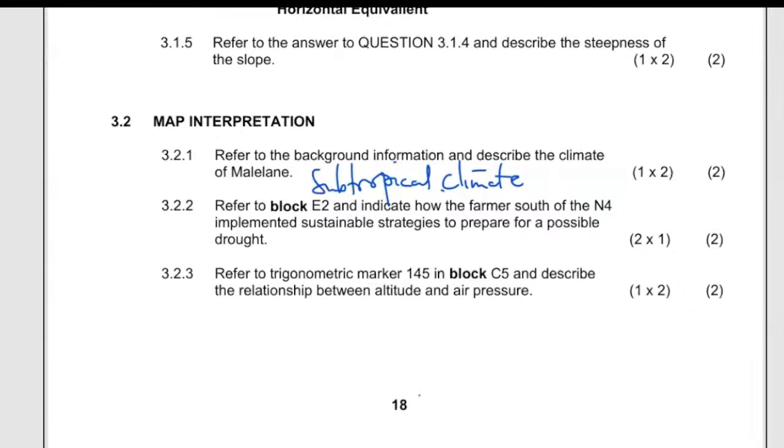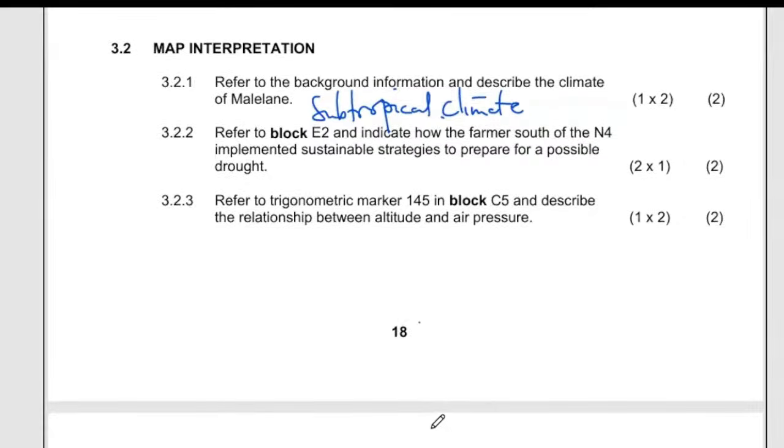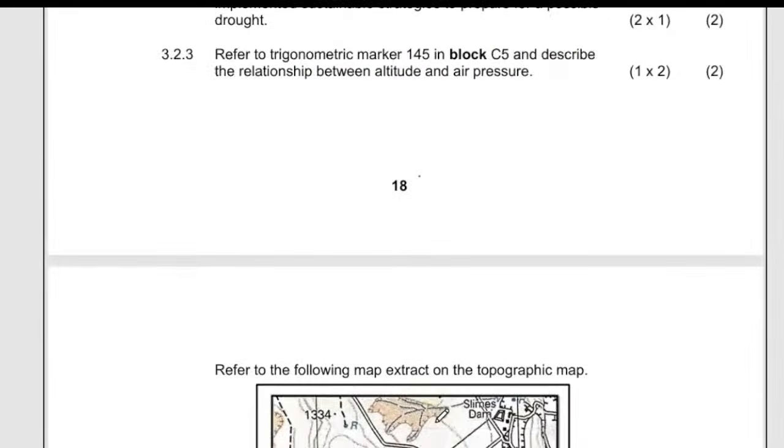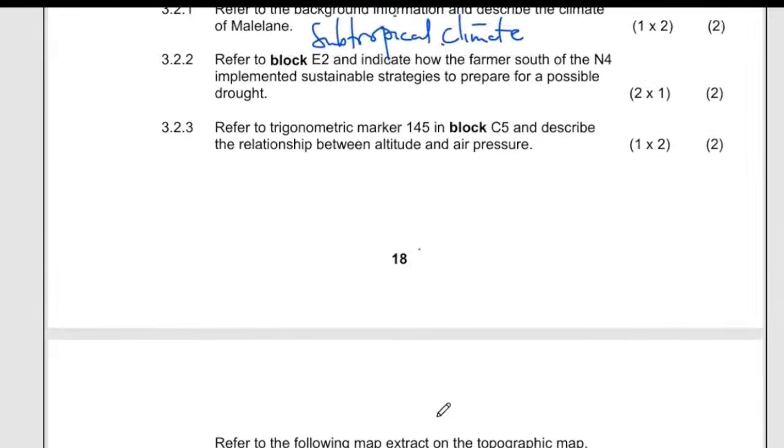So basically, that's the idea of how we can apply. But unfortunately, because we don't have our maps, we cannot elaborate much on some of the aspects there. But if you look at question 3.2.2, which says, refer to block E2, how the farmer south of N4 implemented sustainable strategies to prepare for possible drought.